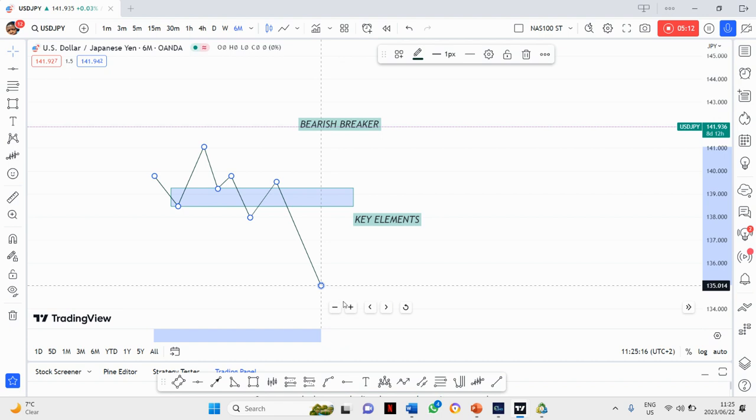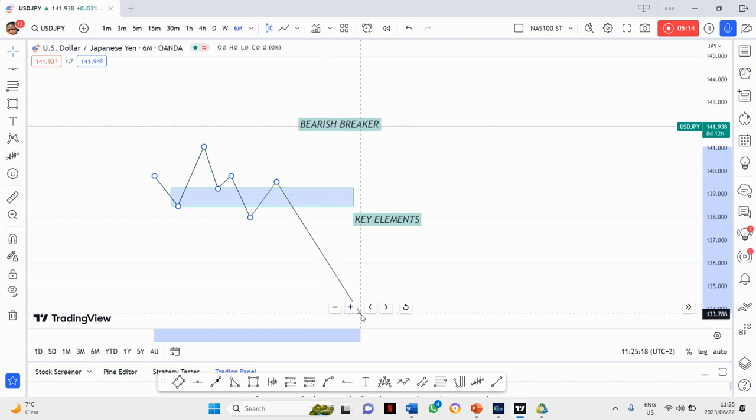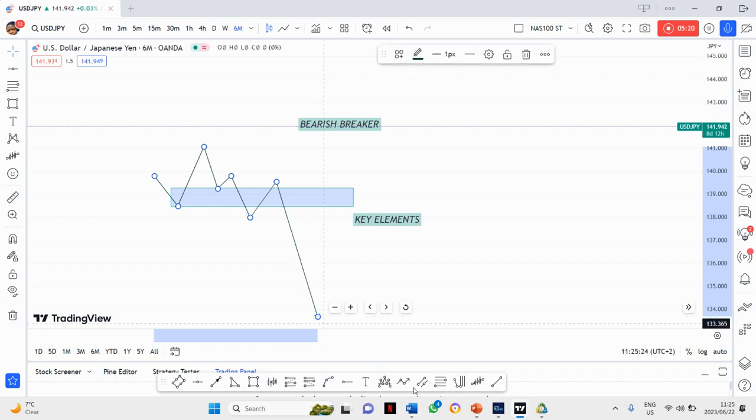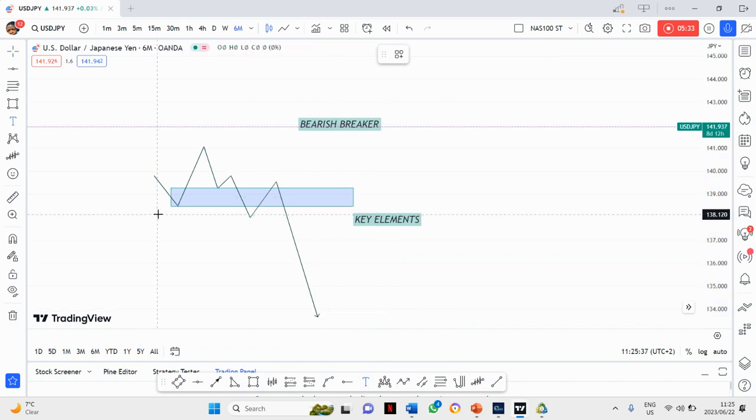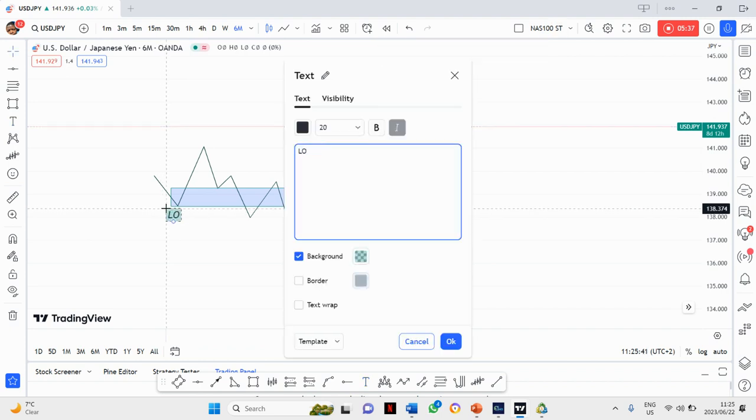It is very, very much important to mark the low.